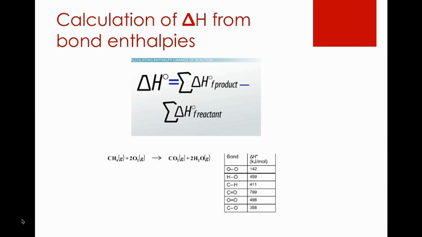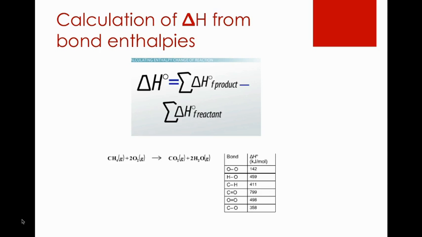In CO2, there are 2 carbon-oxygen double bonds. So that would be 2 times 799. How about H2O? In H2O, you have 2 oxygen-hydrogen connections.